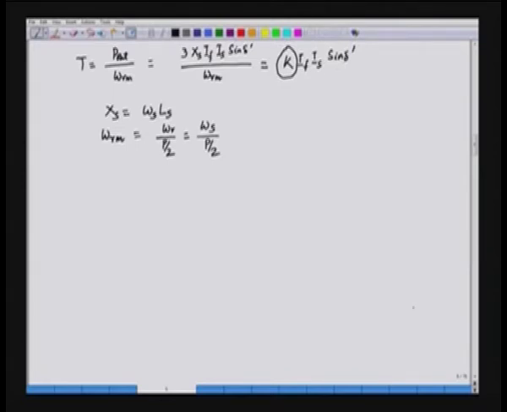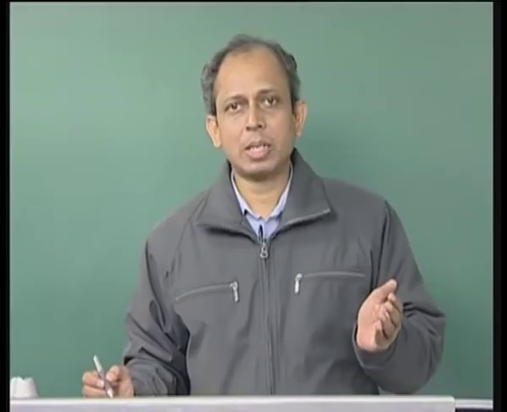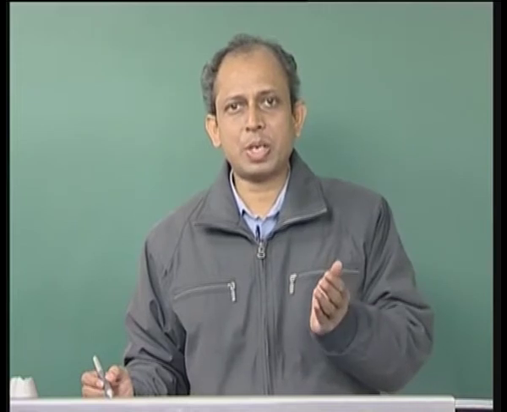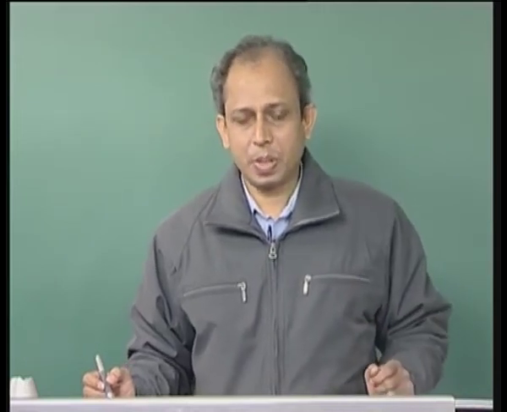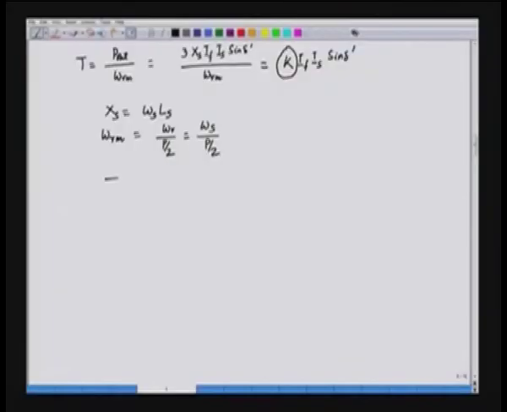Now, the torque equation looks like the torque equation of a DC machine. So, here we can say that T is equal to Kf Is sine delta prime, because the rotor is a permanent magnet rotor.